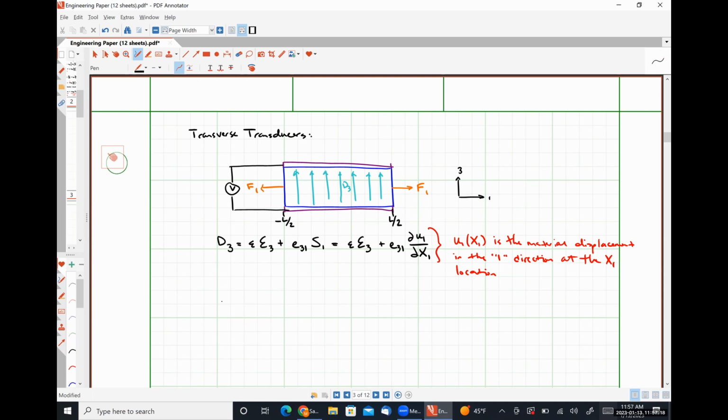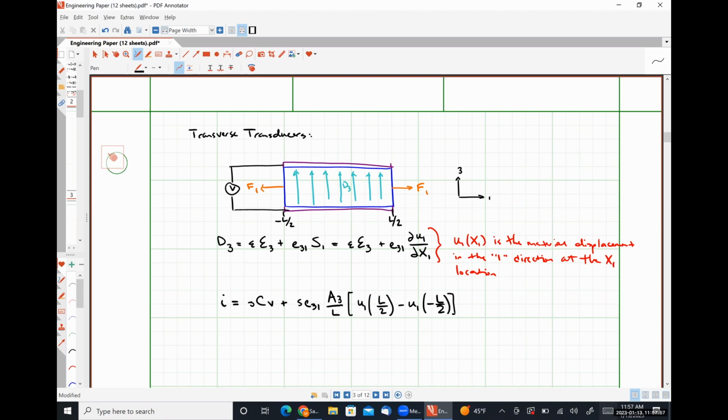And in doing so, we would find that our current is going to be SCB, so we're going to have some term that's dependent on the self-capacitance of our piezo material times s e31 A3 over L. Let's see, this should be U1 at L over 2 minus U1 at negative L over 2.